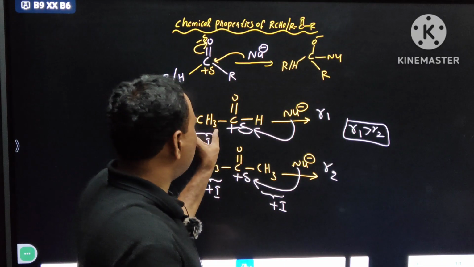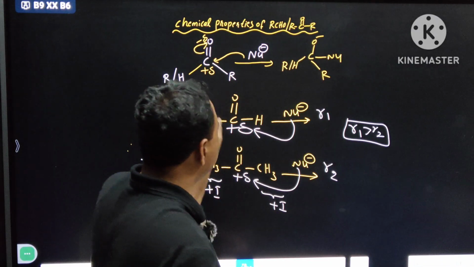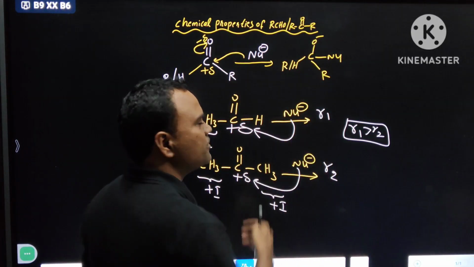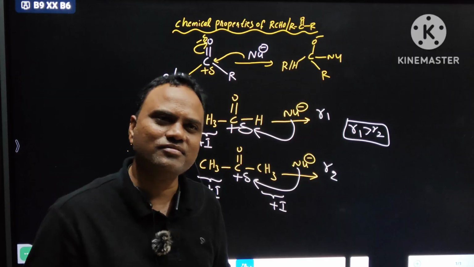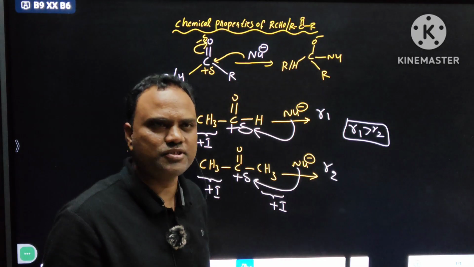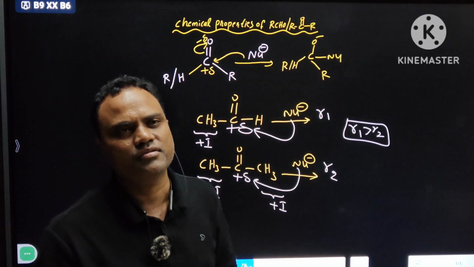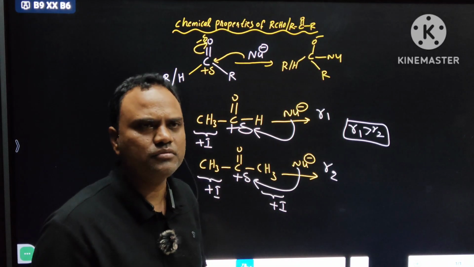Clear? In case of aldehyde, only one methyl is there, this side small hydrogen is there, so nucleophile will come easily. That is another reason. Clear? In terms of positive charge and in terms of steric factors. Clear? You can follow one thing, right?